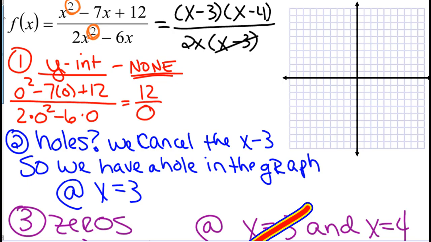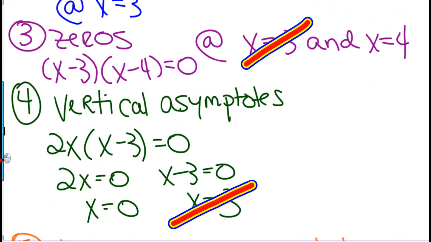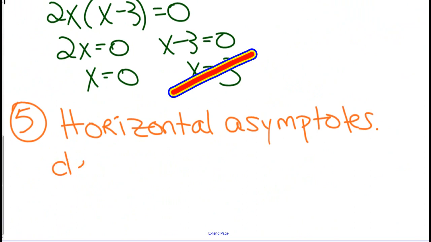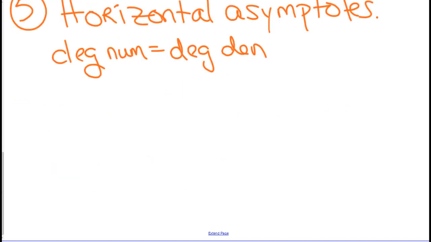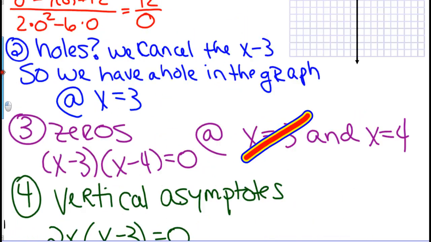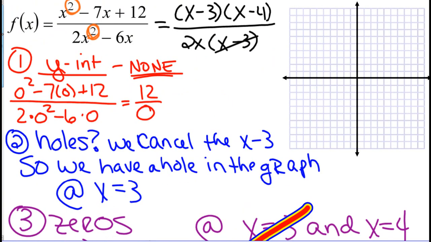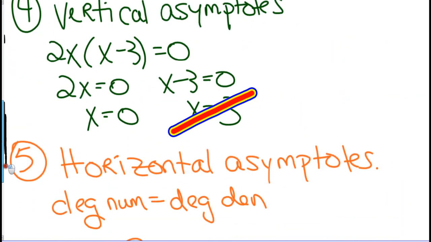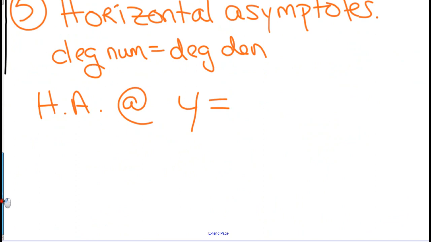So according to our half sheet cheat sheet, which you are not allowed to use on the quiz, when the degree of the numerator equals the degree of the denominator, our horizontal asymptote is at y equals, and what we do is we take the leading coefficients. The leading coefficients here are 1 and this 2 right here. So my leading coefficients are 1/2. So I have a horizontal asymptote at y equals 1/2.